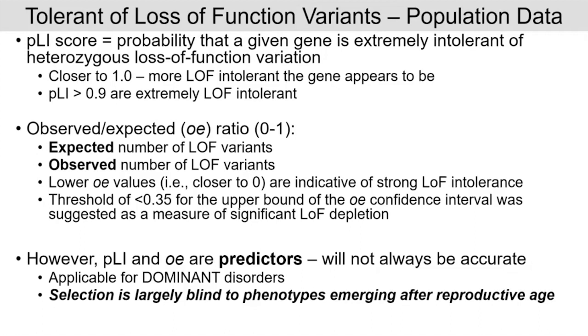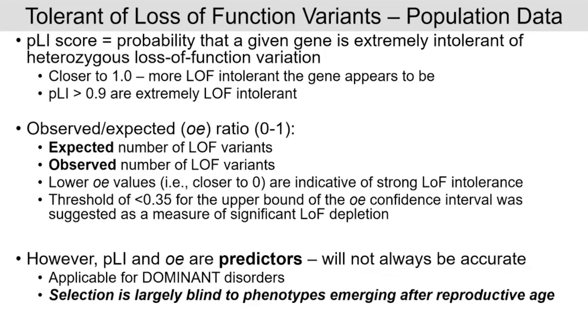The score is between 0 and 1, with scores above 0.9 suggesting extreme loss of function intolerance. And there's also this observed/expected ratio that looks at how many loss of function variants would be expected versus observed. However, it's important to consider that both of these are predictors. These are not based on manual curation of whether loss of function is intolerated or not.